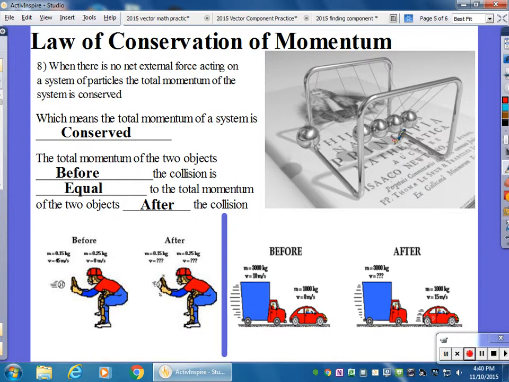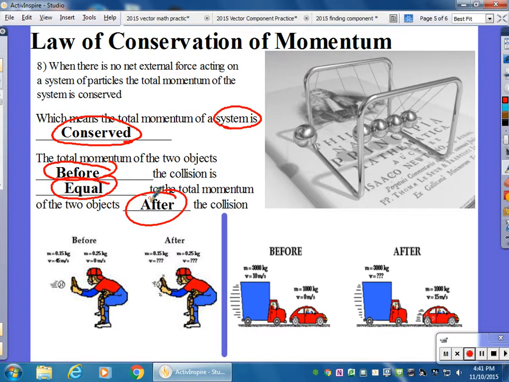So what this means is that the total momentum in a system that is closed off to the rest of the world is conserved. Another way of saying that is the total momentum of two objects before a collision has to equal the total momentum of those same two objects after that collision.